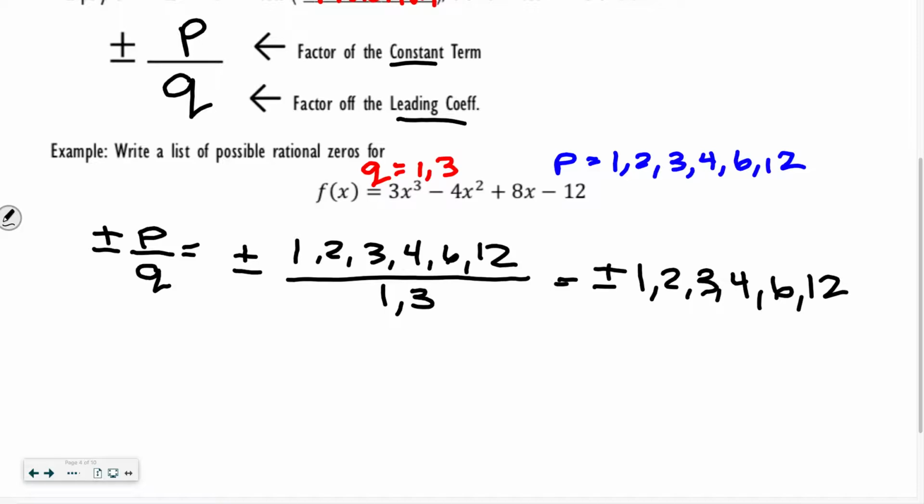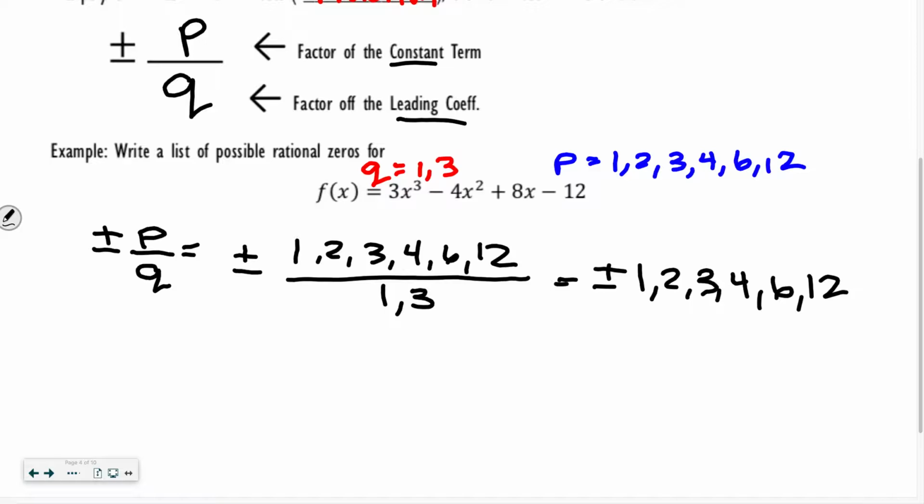I'm doing 1 over 1, 2 over 1, 3 over 1, 4 over 1, 6 over 1, 12 over 1. They are what they are. And then I'm going to do them all over 3. Now, you do not have to write down any repeating solutions. So if it reduces to be something already on the list, don't write it again. Okay, only write the new ones. 1 over 3.